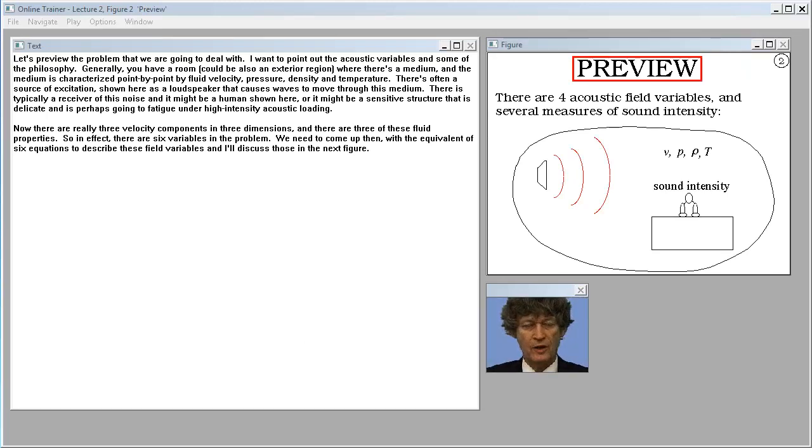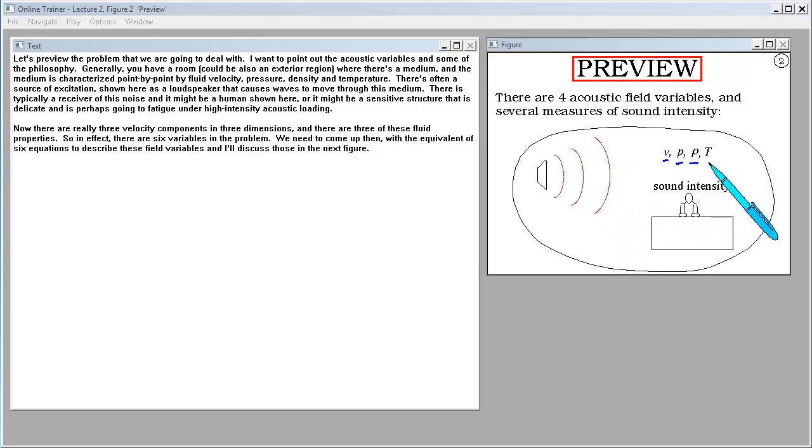Let's preview the problem that we're going to deal with. I want to point out the acoustic variables and some of the philosophy. Generally, you have a room, could be also an exterior region where there is a medium, and the medium is characterized point by point by fluid velocity, pressure, density, and temperature.